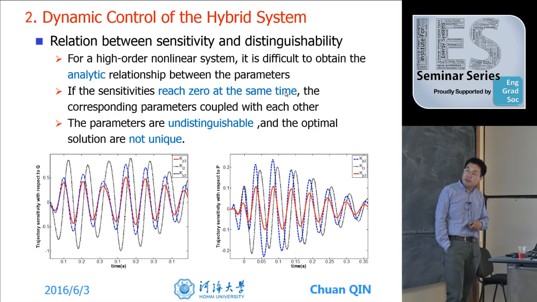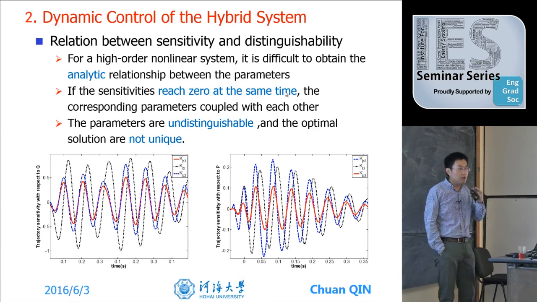And we can find that these two sensitivities reach 0 at the same time. This is the sensitivity with respect to reactive power, and this is the sensitivity related to active power. Both sensitivities reach 0 at the same time.